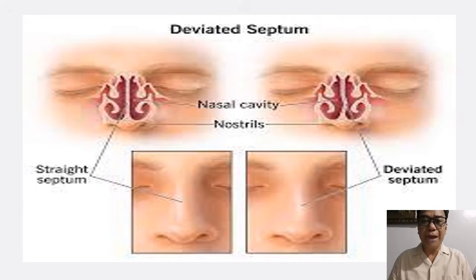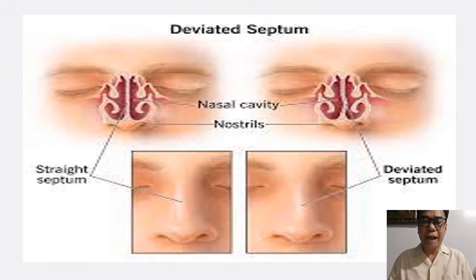Okay, so what are the management? What are the things that we can do? First, if it is secondary to allergic rhinitis, we need to do some nasal allergy control.